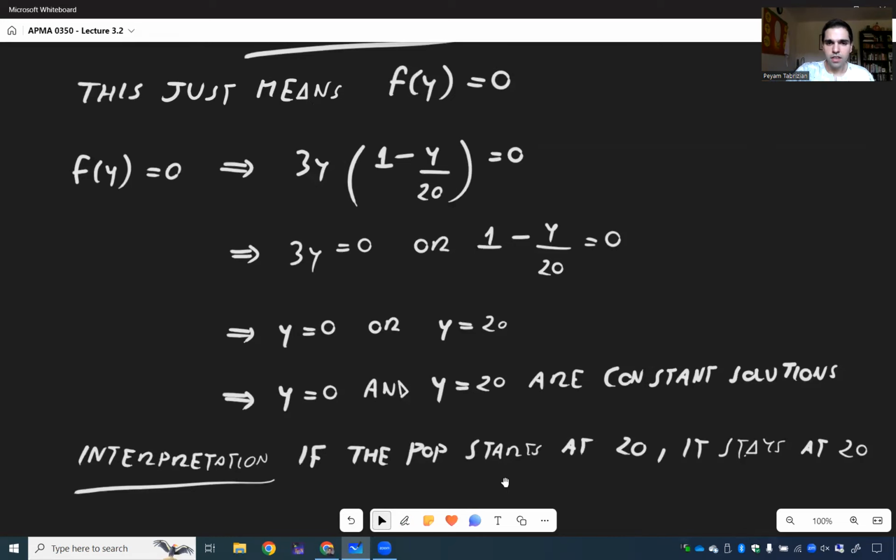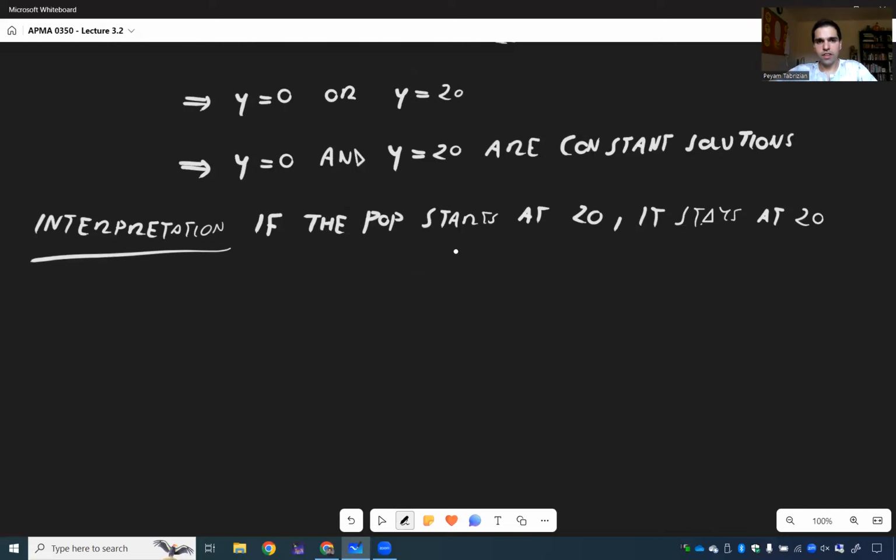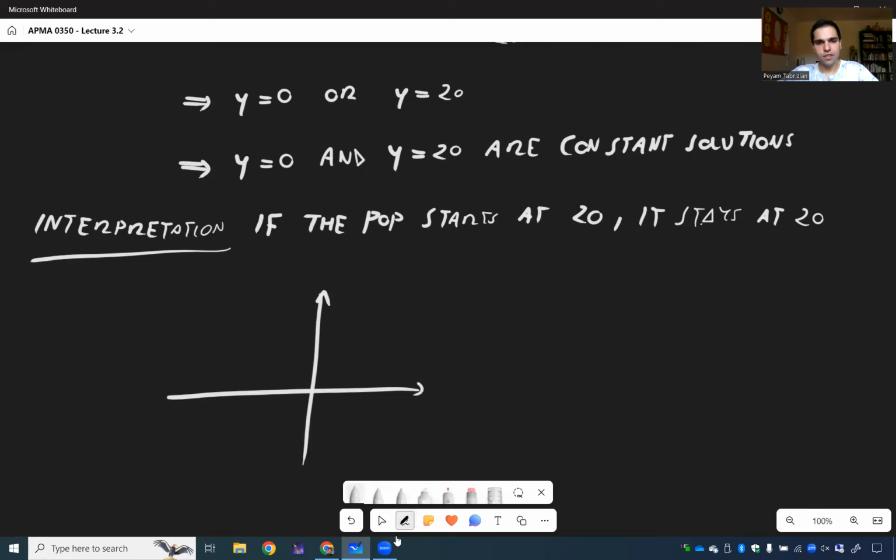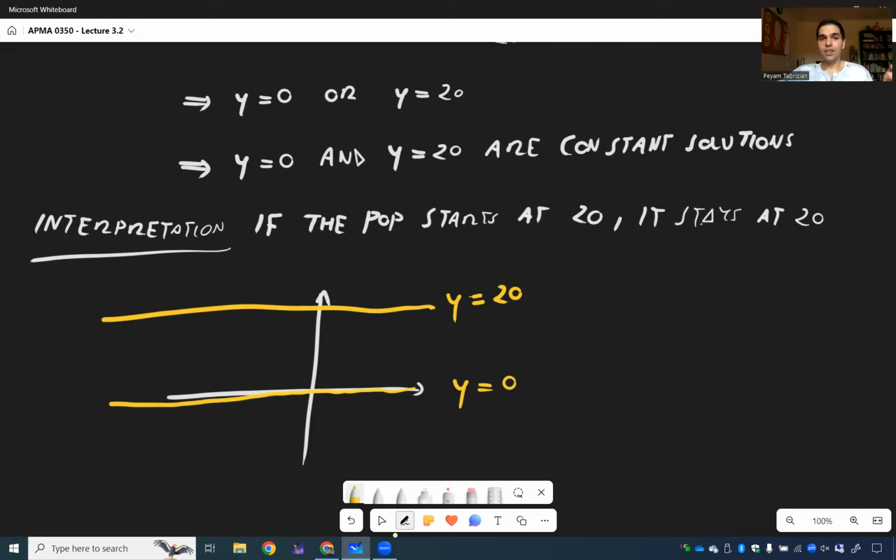We can draw this on a graph if you wish. Again, we have two constant solutions, y equals 20 and y equals 0. By the way, it makes sense. If you start with no bacteria, there's no way for them to grow, so it stays at 0. But if you start at 20, essentially they already ran out of food, so they can't grow any further. That's why it stays at 20.